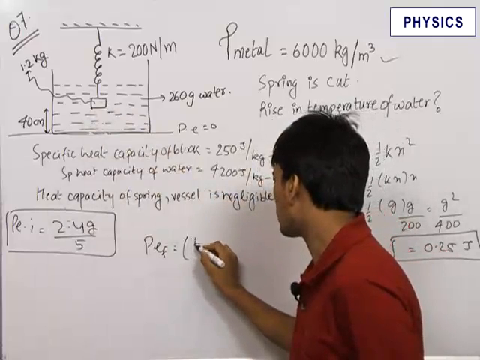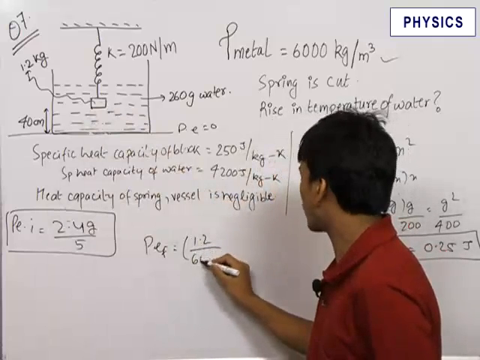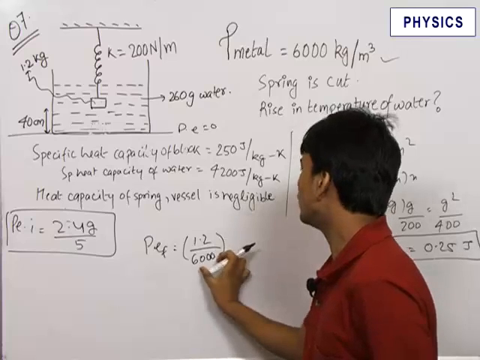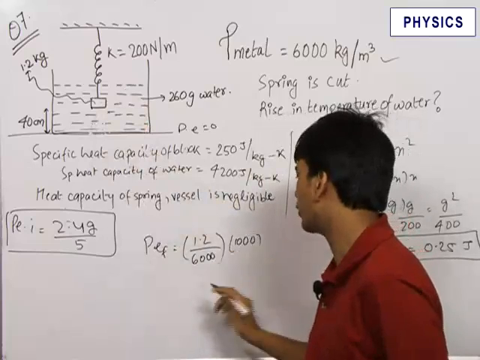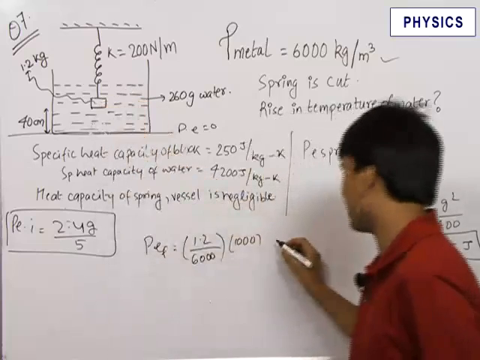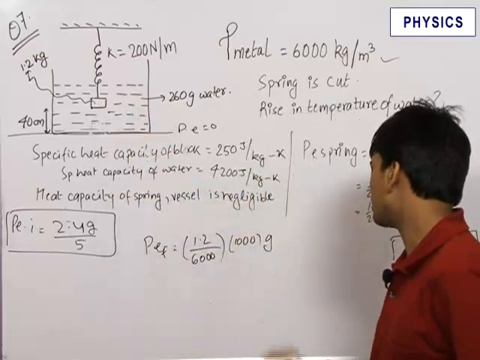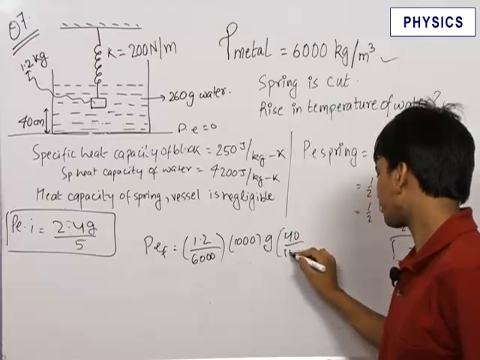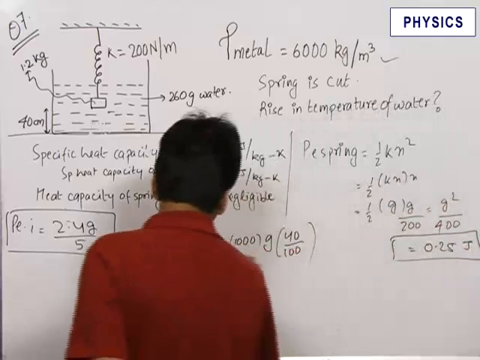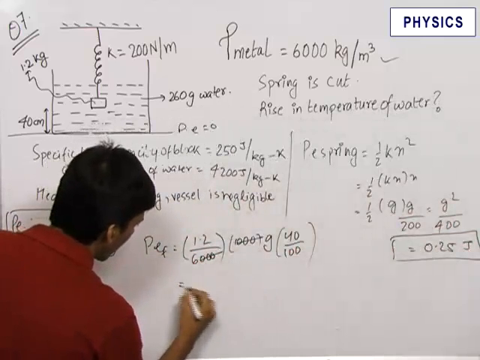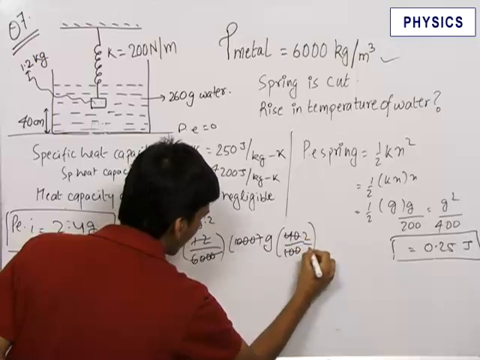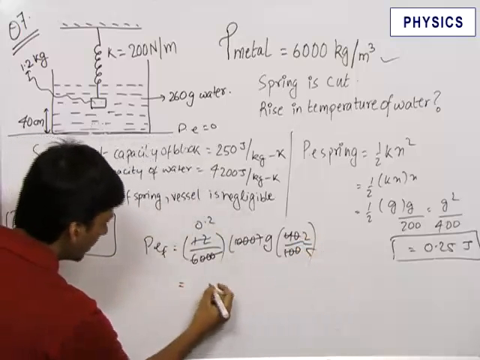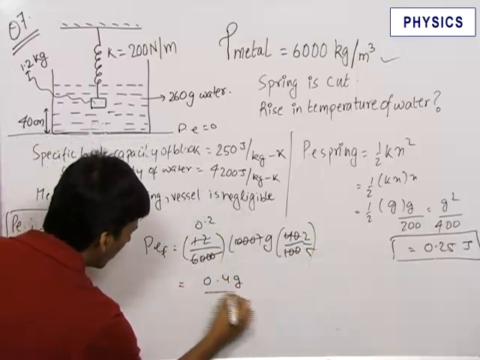Therefore, the volume of this block was 1.2 upon 6000. This is the volume of water, and multiplying by 1000 gives the mass of water that is moving by a height equal to 40 centimeters. This is equal to mg into 40 upon 100. This comes out to be 0.2, this is 2 by 5, so it equals 0.4 g upon 5.